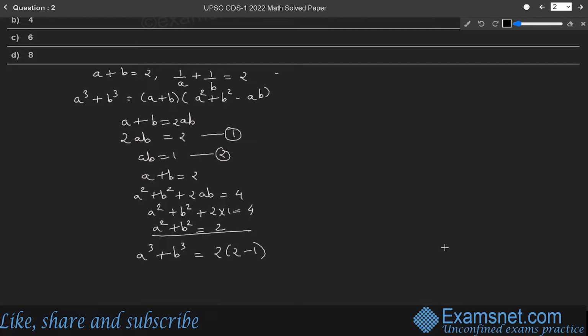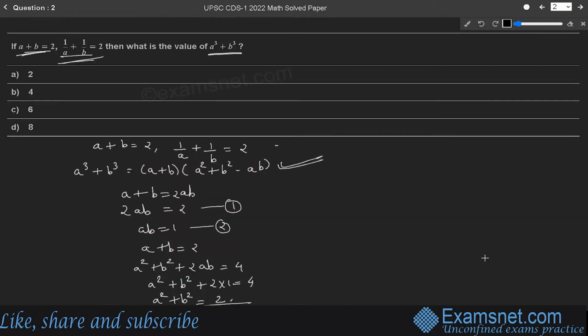See, because A plus B is 2 and A square plus B square is again 2 and AB is 1. We have put the values in this concept. On further solving, it will be equal to 2. So we can say that the value for A cube plus B cube is 2. So the correct option for this question is option A.